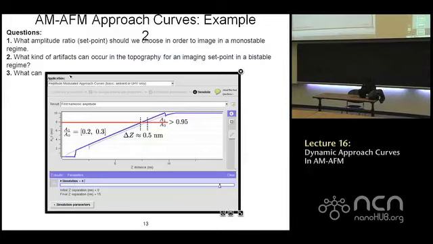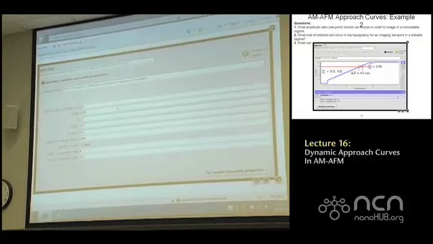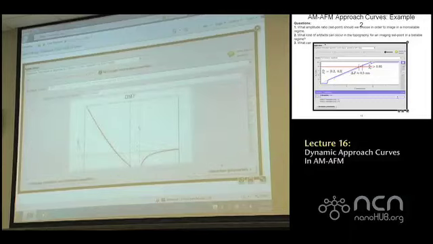We'll do it live. So let's say we increase this to 25 nanometers, or let's just double it to 20 nanometers. We're going to approach now from 25 nanometers. We'll do this simulation.